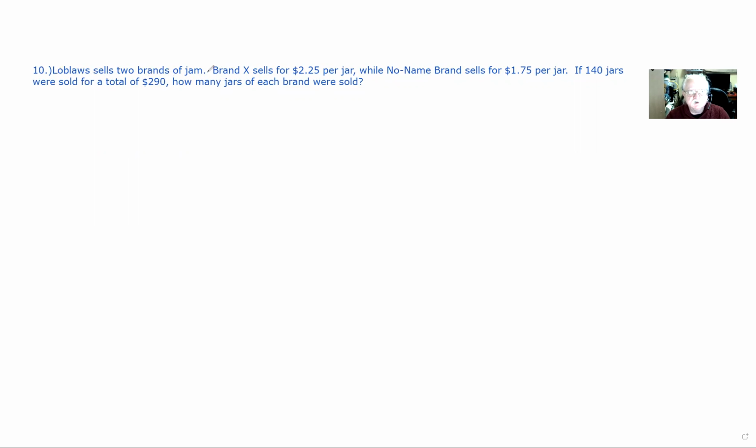Loblaws sells 2 brands of jam. Brand X sells for $2.25 per jar, while No Name brand sells for $1.75 per jar. If 140 jars were sold for a total of $290, how many jars of each brand were sold?